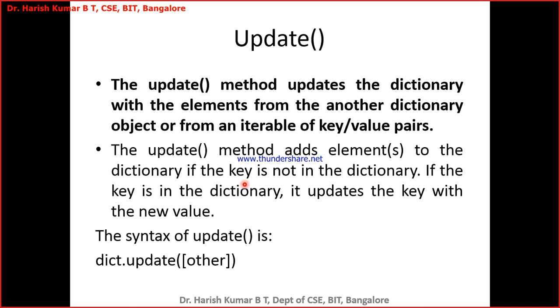The syntax is like this: a method related to the dictionary can be invoked only on the dictionary, so name of the dictionary dot update, and the other dictionary whose key value pairs should be updated into this dictionary.